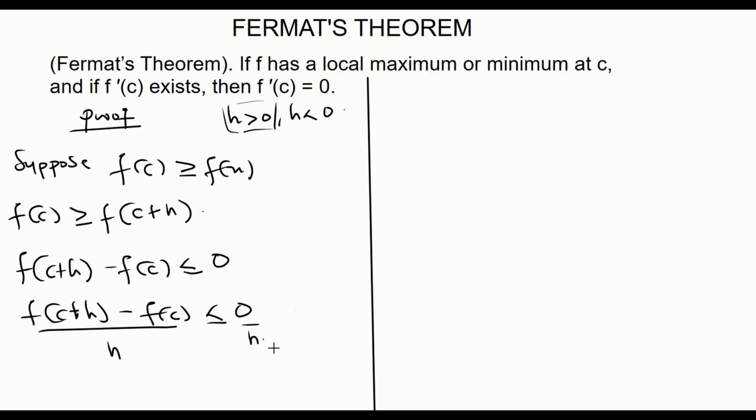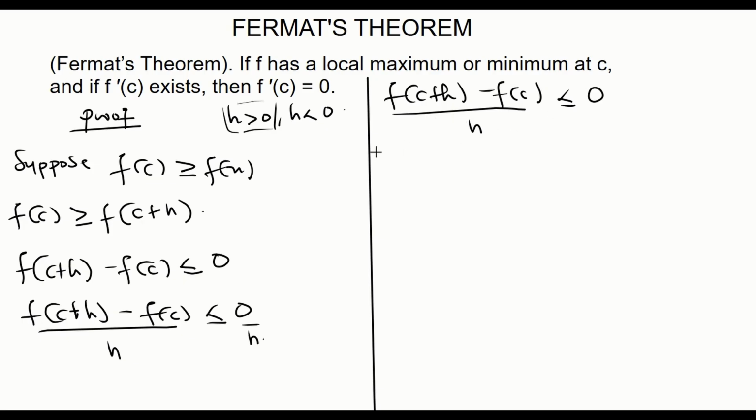Then what does that mean? This is giving us f of c plus h minus f of c all over h should be less than or equal to 0. Then we can also take the right hand limit. Since h is greater than 0, let's just consider taking the right hand limit of both sides.